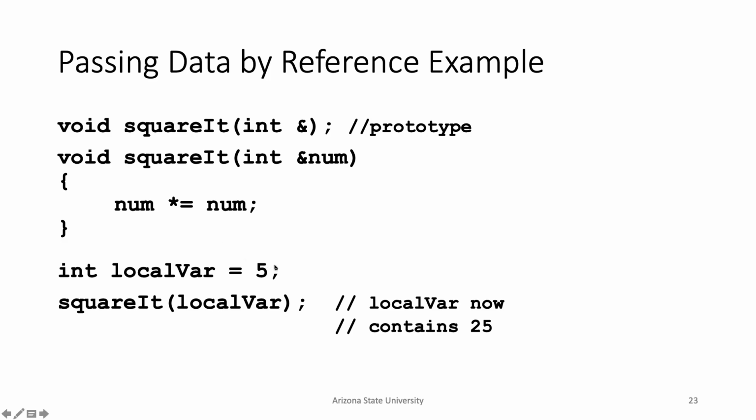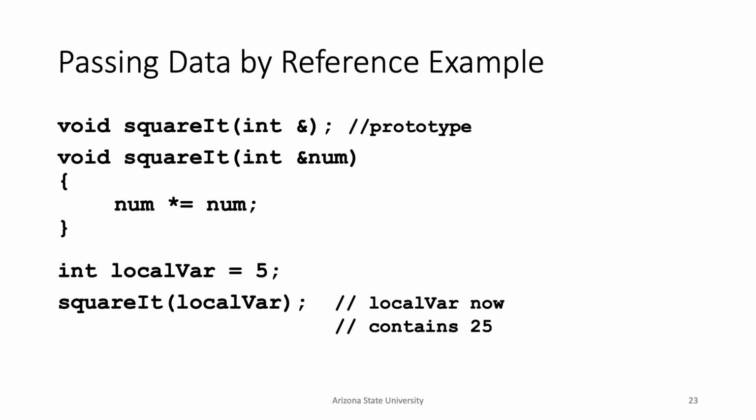So if we have a local variable here, so these two lines are in the main function or some other function. So we say local variable is equal to 5, and then if we call squareIt on this local variable, now we're modifying the original variable, local variable. So now local variable has the value 25, okay?